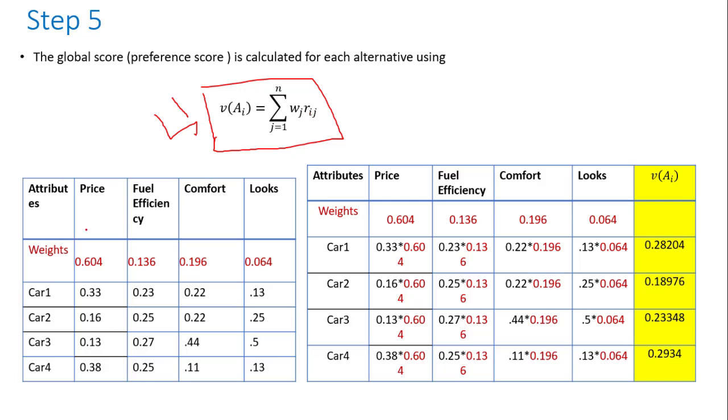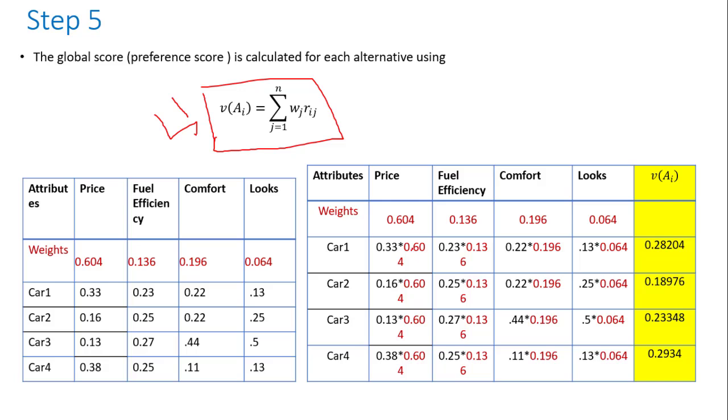This is the normalized table along with weights: the normalized values for price, fuel efficiency, comfort, and similarly all the others. Now what I need to do is wj into rij for each.